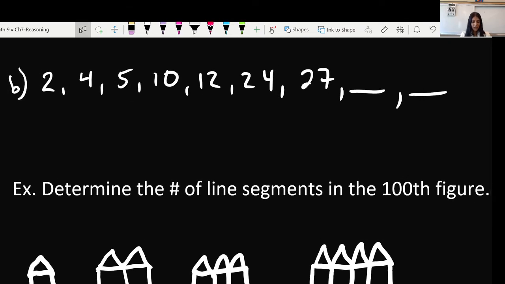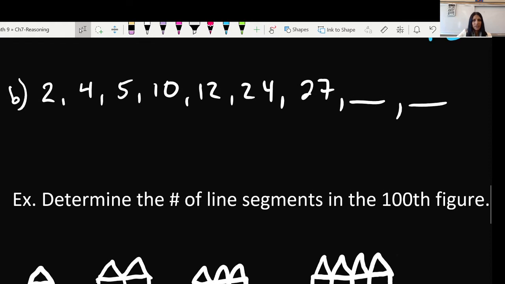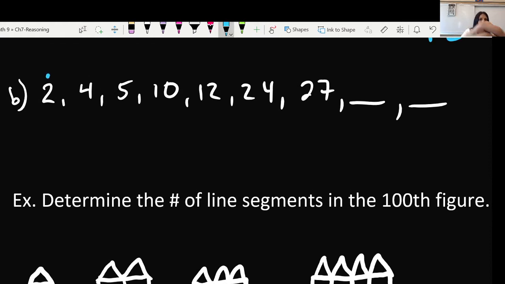So again, by looking at this, can we predict or come up with a pattern that we see happening? Well, we notice going here to here, it's kind of doing something similar to the last one. That would be times 2. But 4 to 5, that's not times 2.